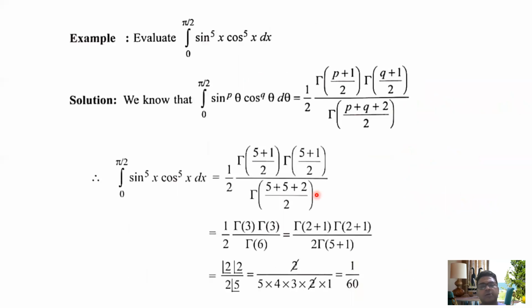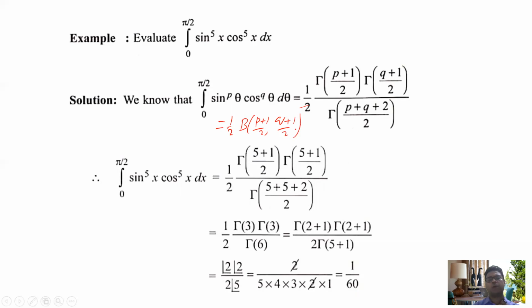Now try to understand. This is a university question. Evaluate the integral from 0 to pi by 2 of sine to the power 5x cos to the power 5x dx. Now we know that the integral from 0 to pi by 2 of sine to the power p theta cos to the power q theta d theta is basically nothing but half Beta(p plus 1 by 2, q plus 1 by 2).